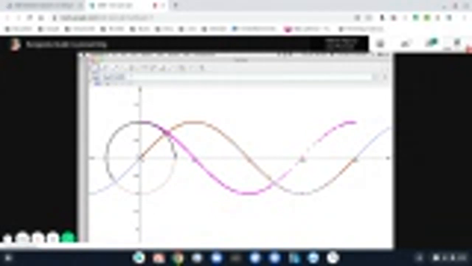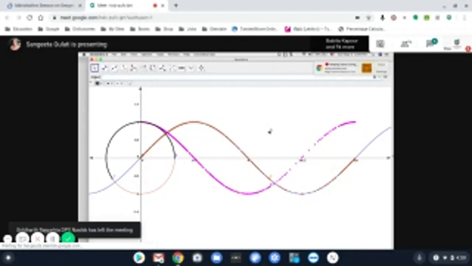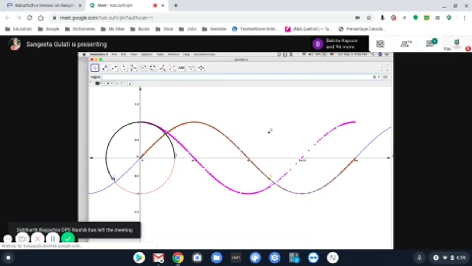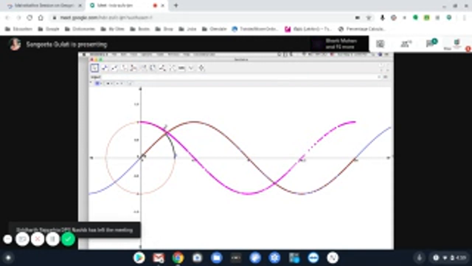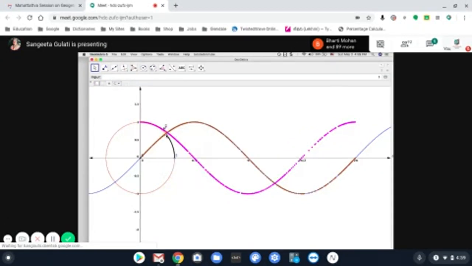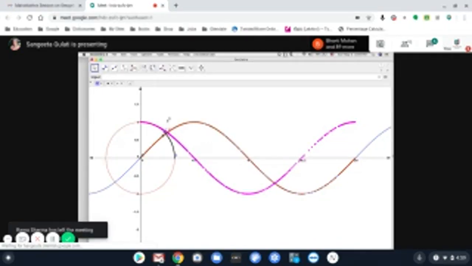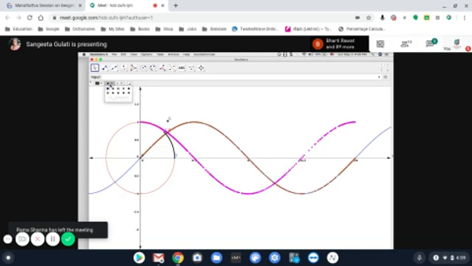Here, you would be able to get a point D. And now from here, you are able to trace this point and you will be able to see how the point G is below. So I'm going to again put the trace on for G and then see how it behaves. I'm going to select G and trace on and also change its properties.